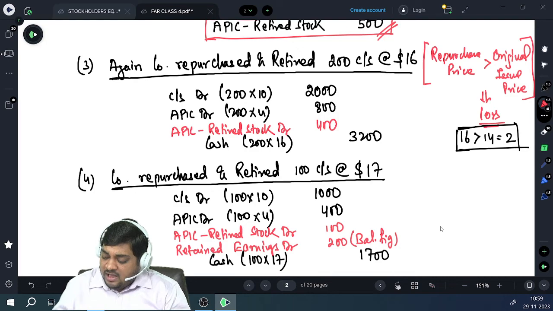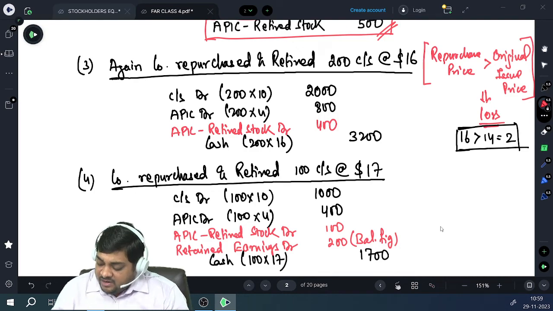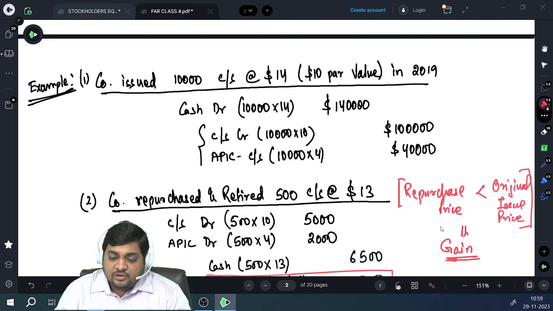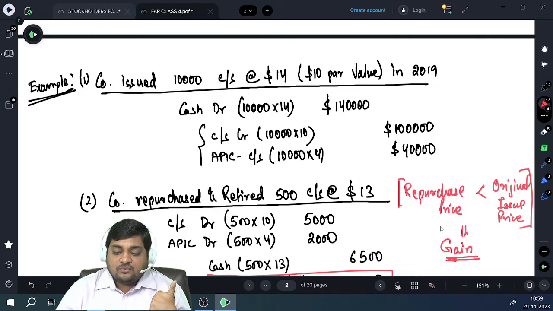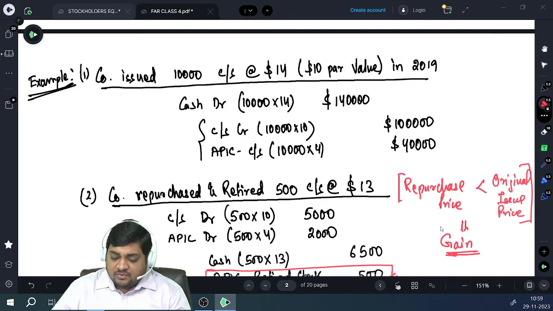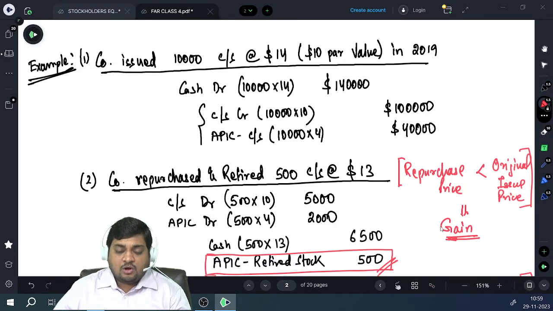So this is how the accounting entry is to be dealt with. Whatever amount you credited at the time of issue, you need to debit that first. So the amount credited was 10 to the common stock capital, and 4 was the security premium. So whether you repurchase at a higher price or lower price, it doesn't matter. First of all, you debit common stock and additional paid in capital with the original issue price. Credit the amount paid.